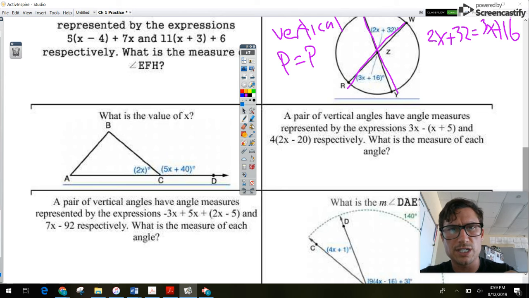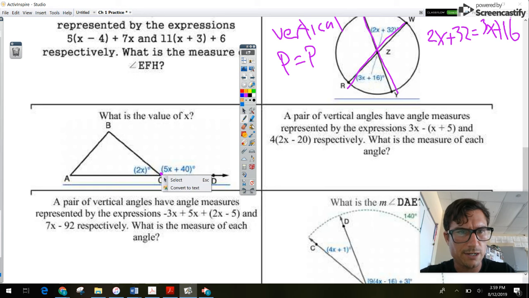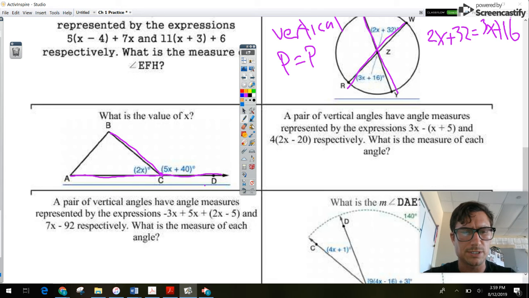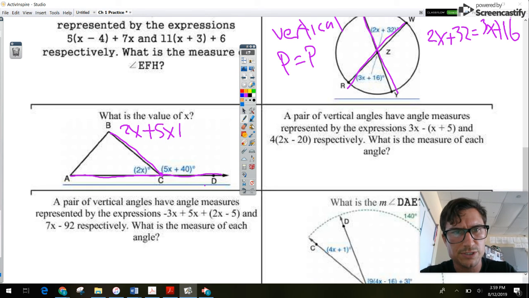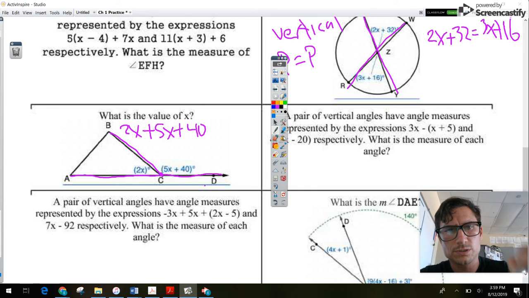So these are a good example of a linear pair. So they both share vertex C. There's our common side. And then you'll notice that opposite rays there create a straight line. So this is the 2x. So you add the expressions together, and then you set it equal to 180.